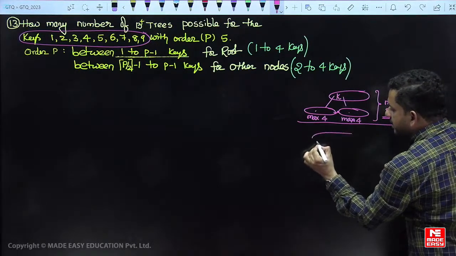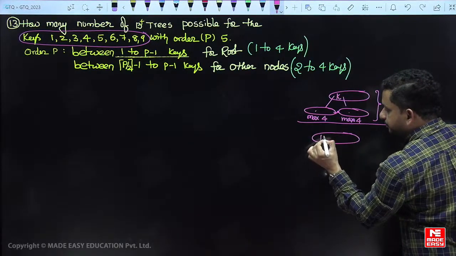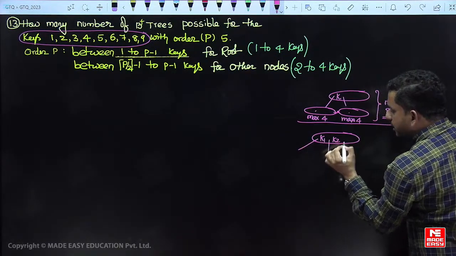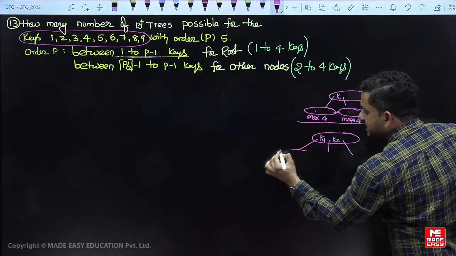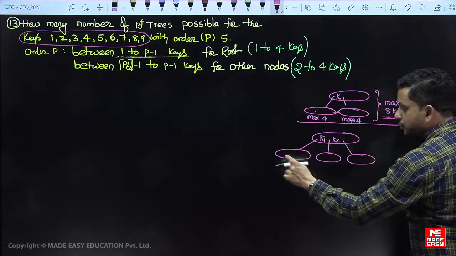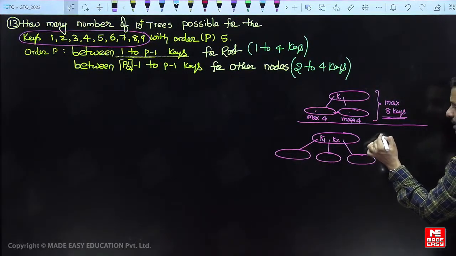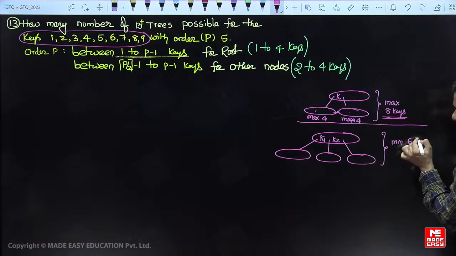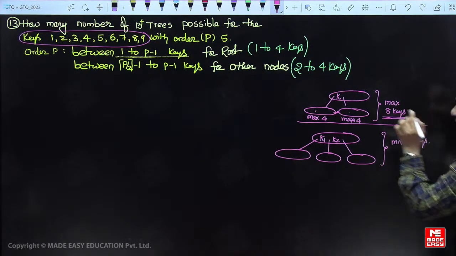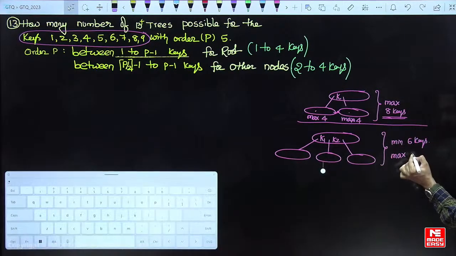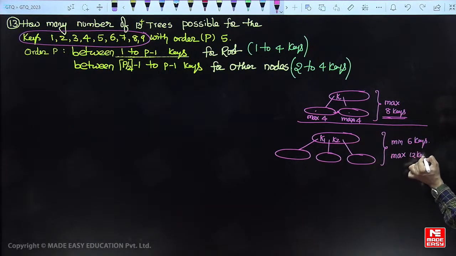The other possibility is to take 2 keys in the root. What are the minimum and maximum requirements? With 2 keys in the root there are 3 leaf nodes, so 2 plus 2 plus 2, I need a minimum of 6 keys, and 4 plus 4 plus 4, a maximum of 12 keys is possible.